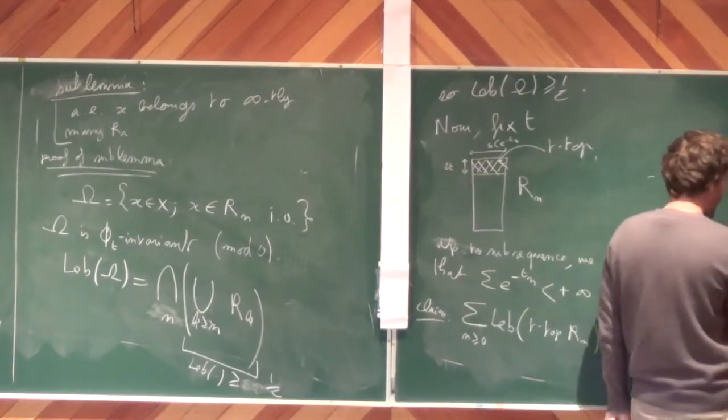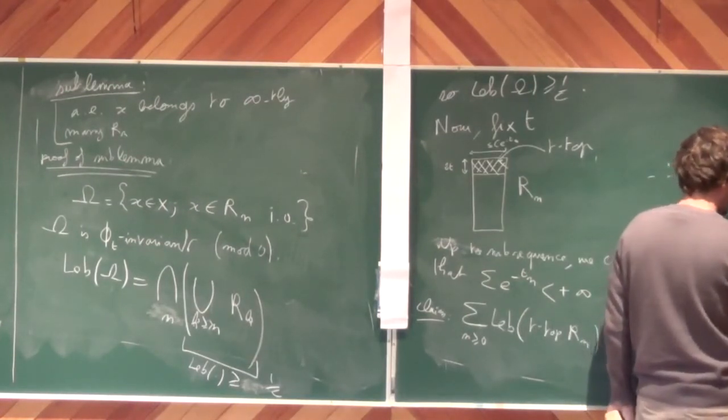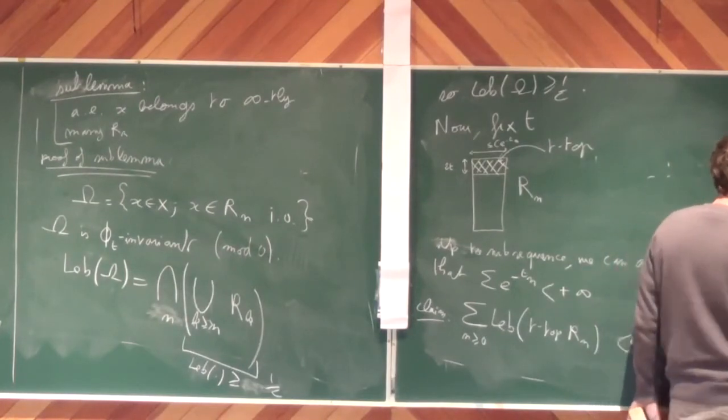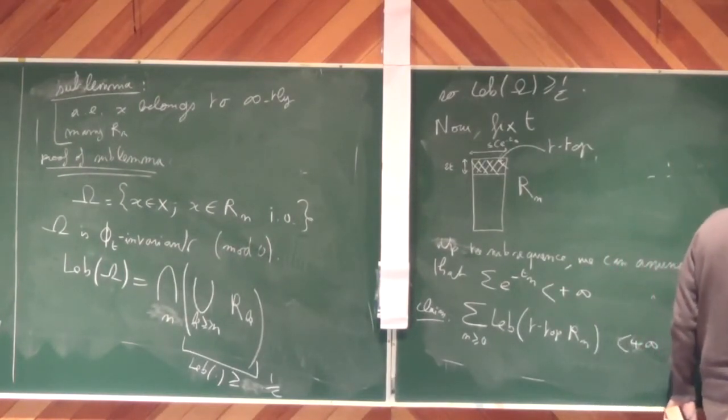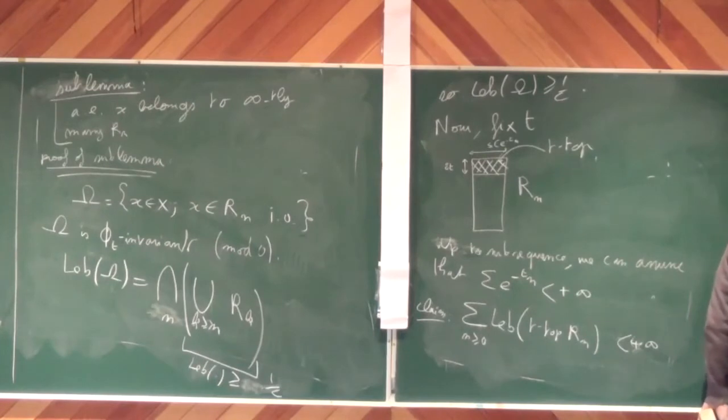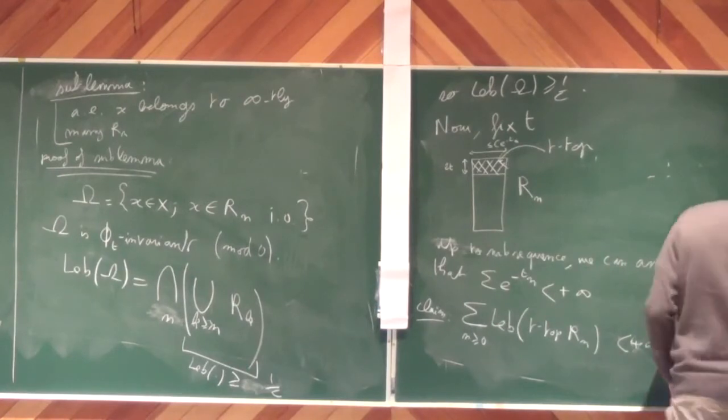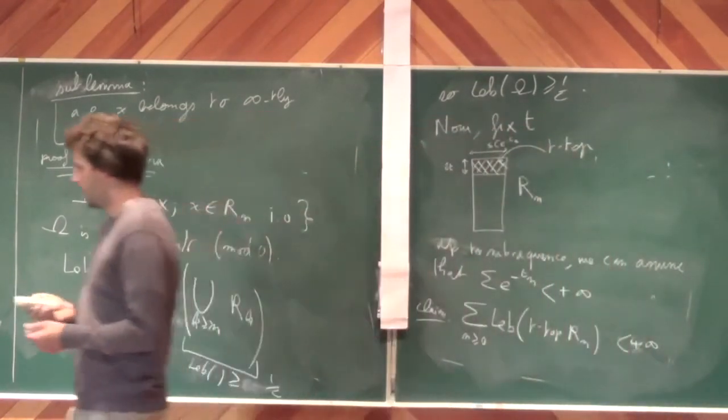Now we use the ergodicity of phi t on X, and you get that the Lebesgue measure of omega is 1. And this finishes the proof of the sublemma and the lemma. All right.